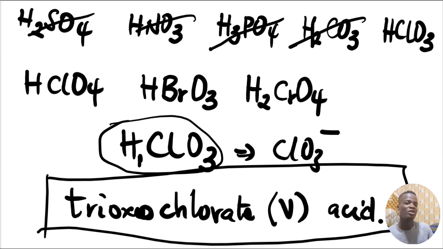So this is how to name acids, and this is leading us to the end of the first part of IUPAC nomenclature. These are the very fundamental ones you need before we start tackling the subjects. That's why we are taking this as an introduction component of the syllabus.